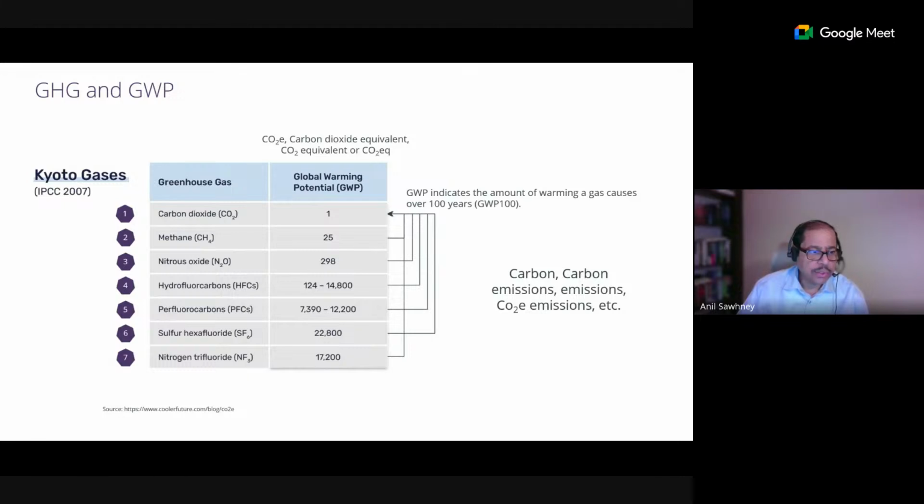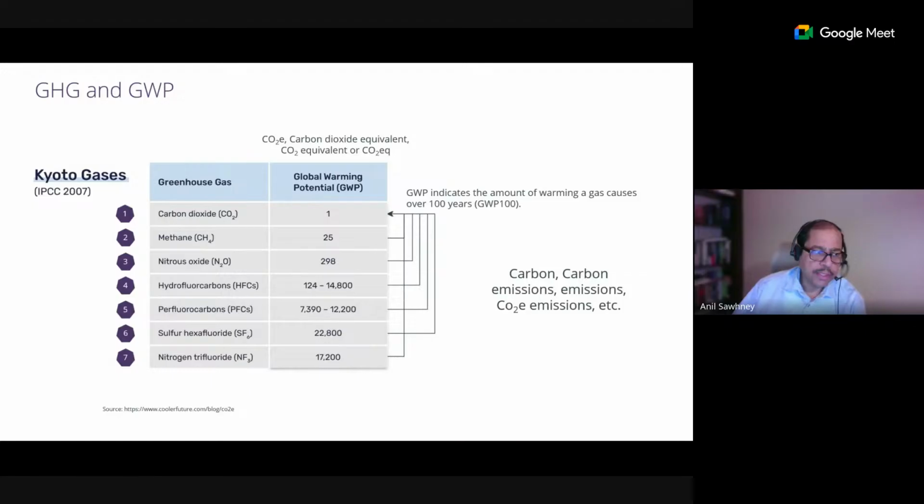The main gas, which is carbon dioxide, has a value of 1 GWP. So it has 1 kilogram carbon dioxide equivalent. Methane gas, on the other hand, has 25 GWP. Nitrous oxide is 298, hydrofluorocarbons, HFCs, PFCs, SF6 and NF3, these are the fluorocarbons, they have these values.